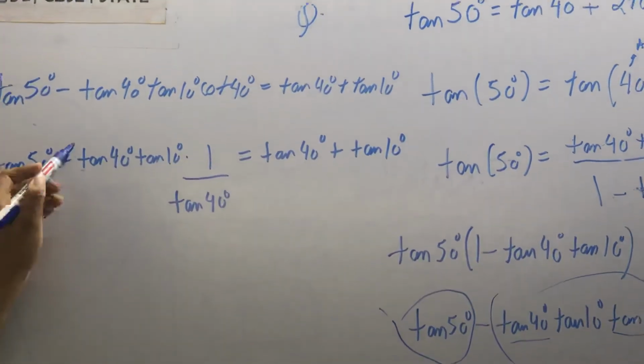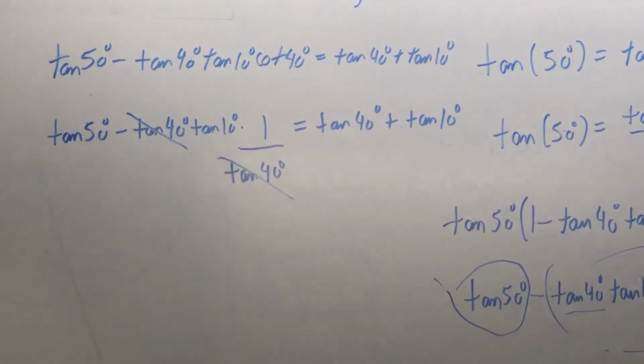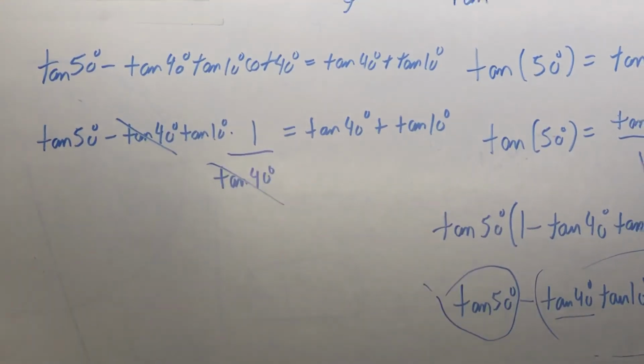So tan 40 you can cancel, yes, because this is in the denominator. Tan 50 minus tan 10 is equal to tan 40 plus tan 10.